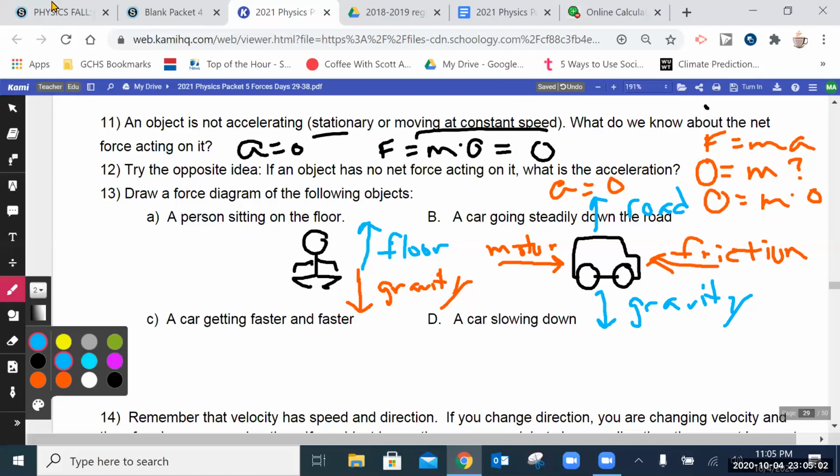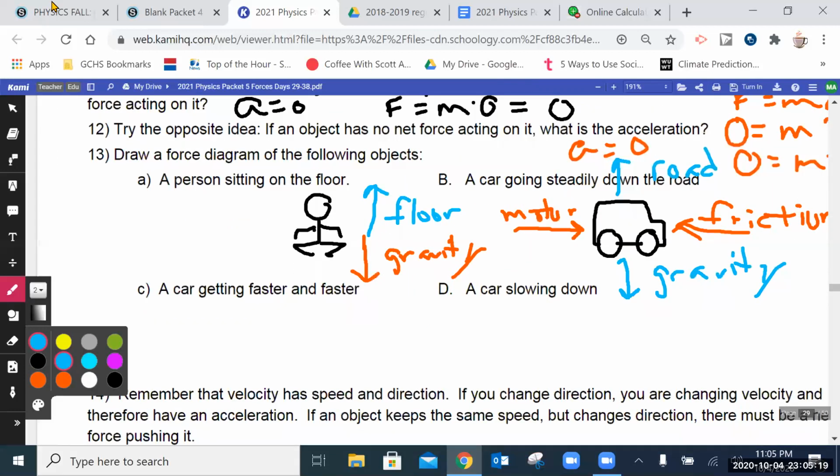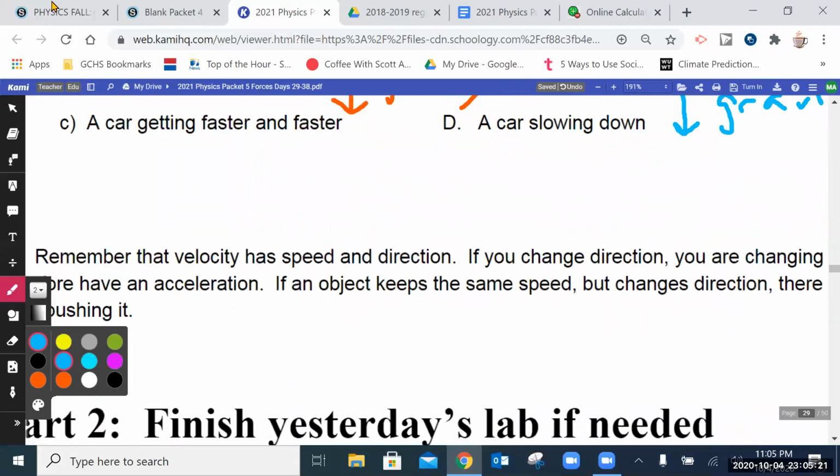The car is not accelerating upwards like a helicopter. It's not accelerating downwards like a submarine. It is staying steady going down the road, and so these are showing equal and opposite, canceling out. No net force up and down, so no acceleration up and down.